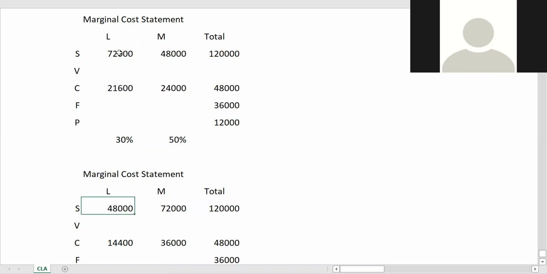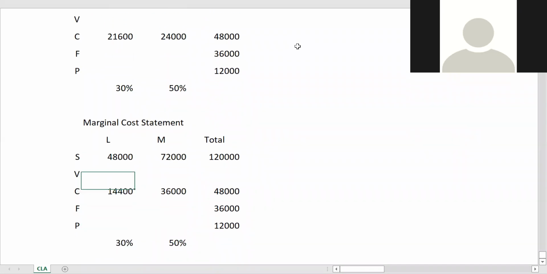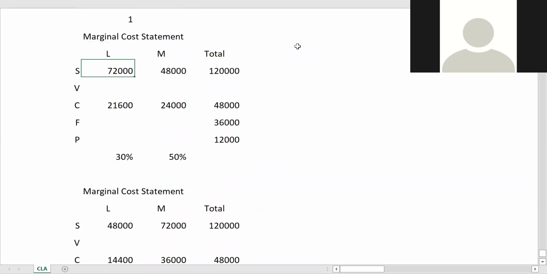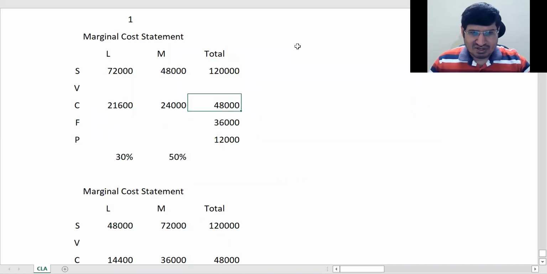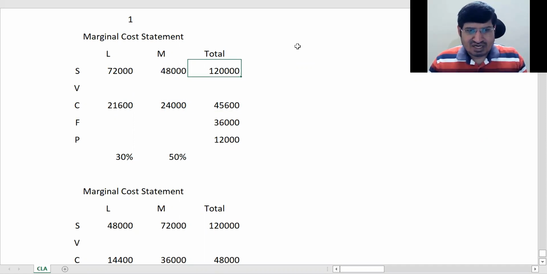This is 40% and this is 60%. Okay, and these are your PV ratios. So now let us see for the whole thing, for total. This is 1,20,000 and this will be the sum of the two.